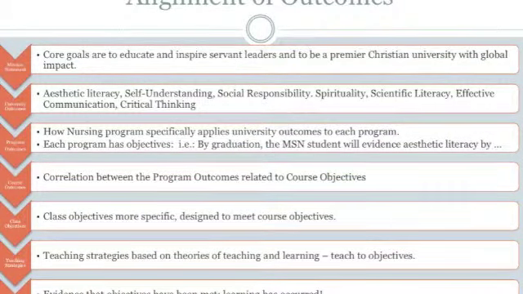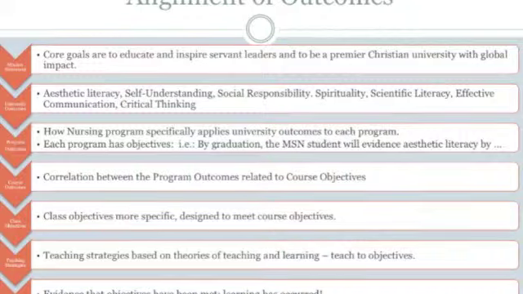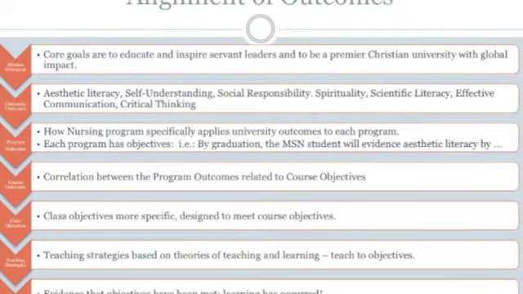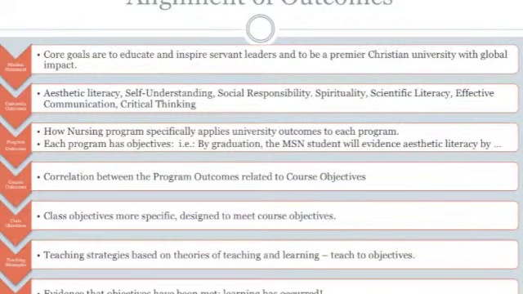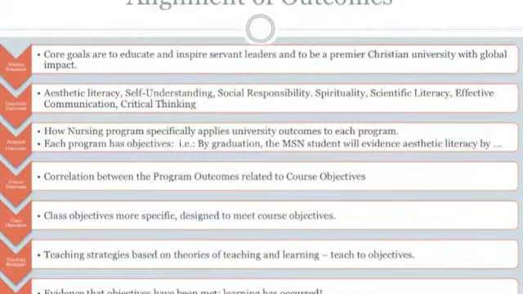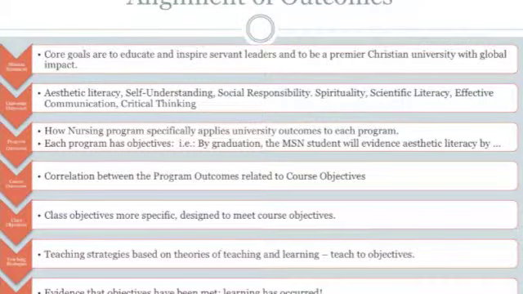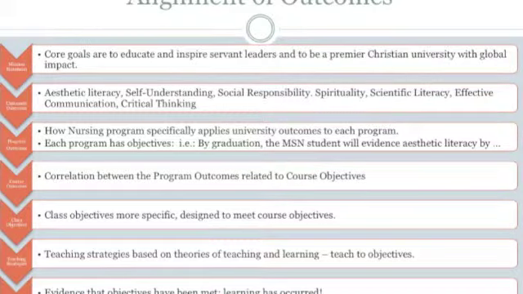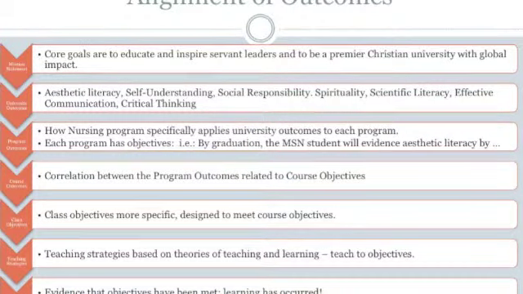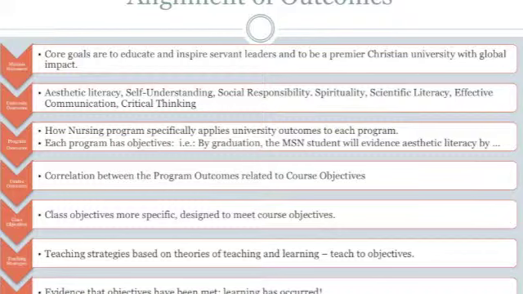So if it's the School of Education, or the mathematics department, or the counseling department, everyone has certain objectives in aesthetic literacy, self-understanding, social responsibility, spirituality, scientific literacy, effective communication, and critical thinking that have to be considered in all of the classes and course objectives.